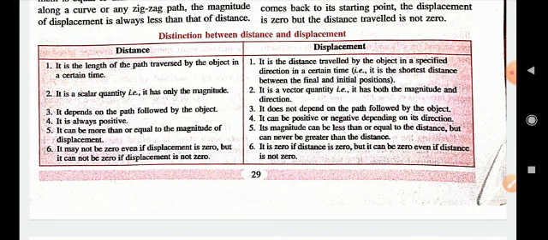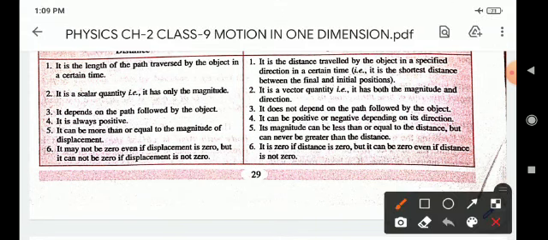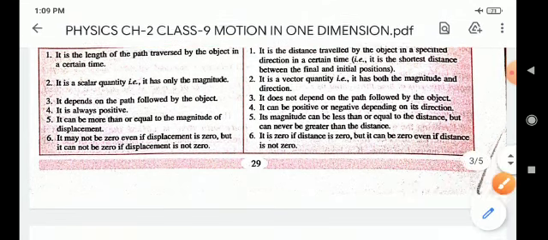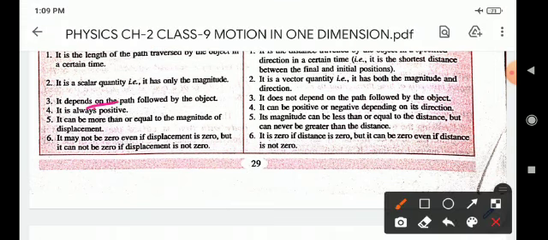For example, you have seen that 5 kilometer is a positive value and minus 10 kilometer is a negative value. So 5 kilometer is more than minus 10 kilometer.